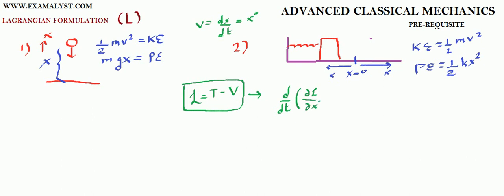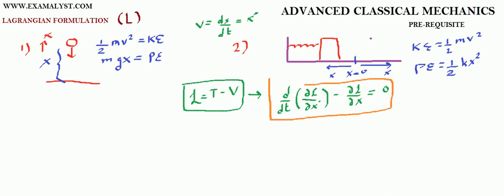So let me write x dot instead of velocity, minus the partial derivative of the Lagrangian with respect to the position, that is del x, and equate it to 0. This is called the Lagrangian equation of motion. So one, we define the Lagrangian, and second, we define the Lagrangian equation of motion.